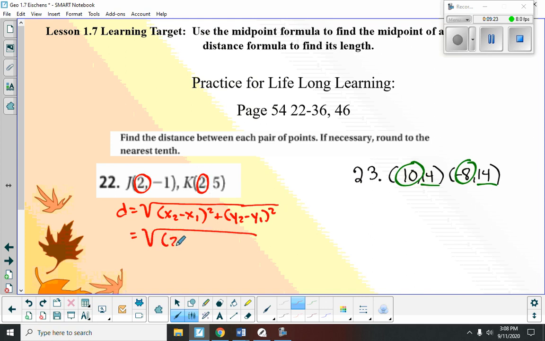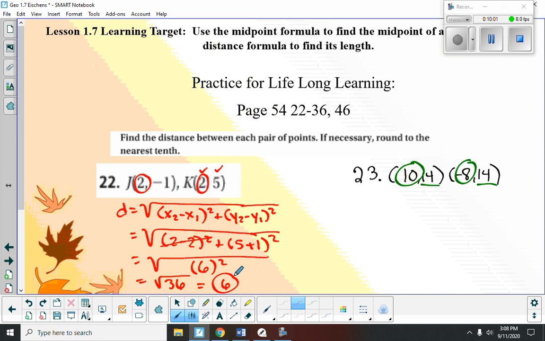So we have 2 minus 2, and then we'll go to 5 minus negative 1. So 2 negatives make a positive. So 2 minus 2, it's 0. 0 squared is still 0, so let's just cross that out. And then we have 5 plus 1, which is 6. And that's squared, which is the square root of 36, which just equals 6. So the length of that segment is 6 units.